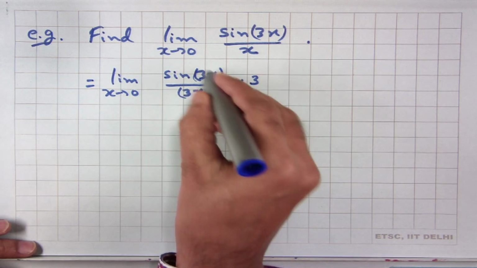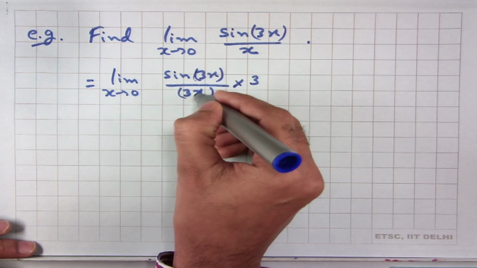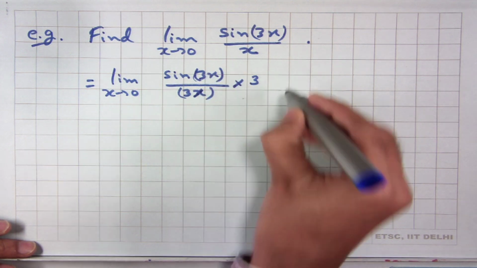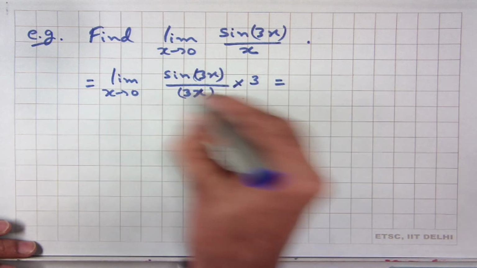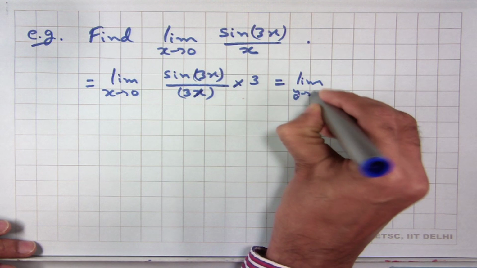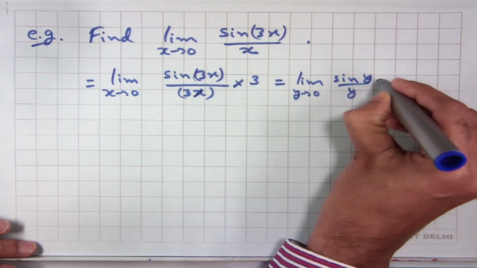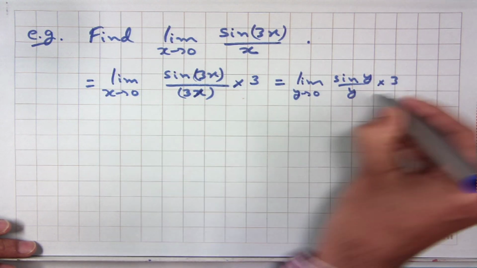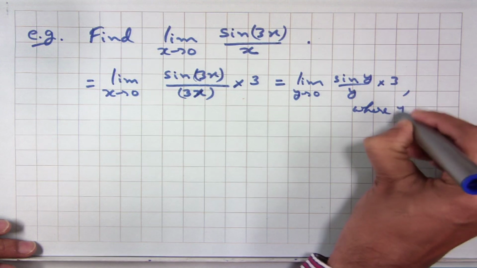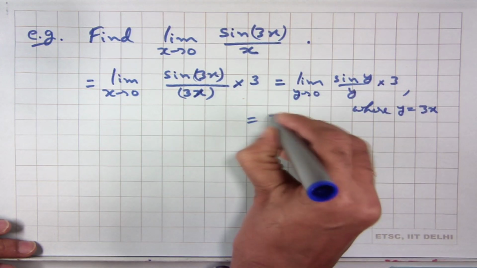Because I am dividing by the same 3x which is inside sin 3x, I can simply write, or if you want you can write one more step, this is equal to the limit of y going to 0 of sin y by y times 3, where y is equal to 3x, and then this is equal to 3.